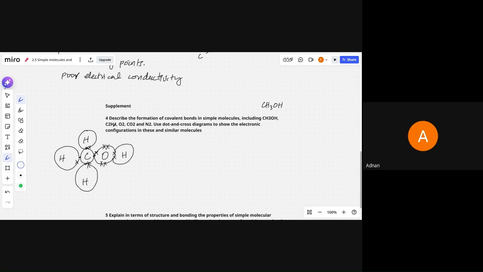For this one, C2H4, again carbon and carbon. Remember that hydrogen atoms cannot be the central atoms. They can only make one bond. So these two carbon atoms will be connected directly.